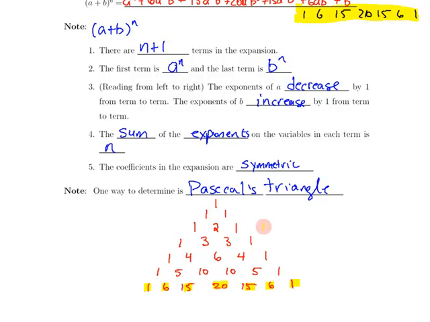So the row of Pascal's triangle corresponding to that power is always going to be the coefficients for that expansion. So this was n equals 0, n equals 1, n equals 2, 3, 4, 5, and 6. So we were on row 6. So we now have everything we need to expand using this pattern that we've established. Now that pattern is what we're going to call the binomial theorem.